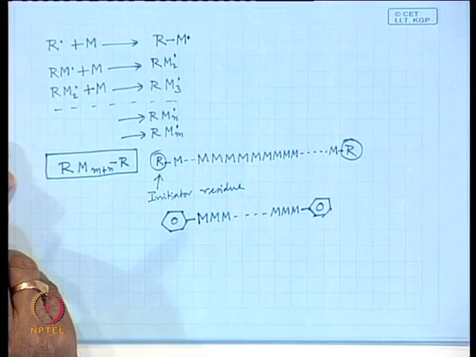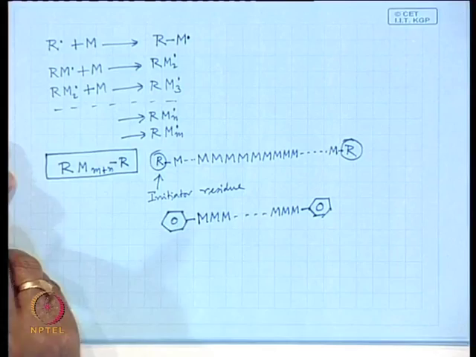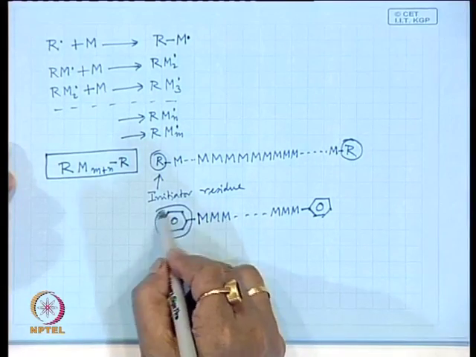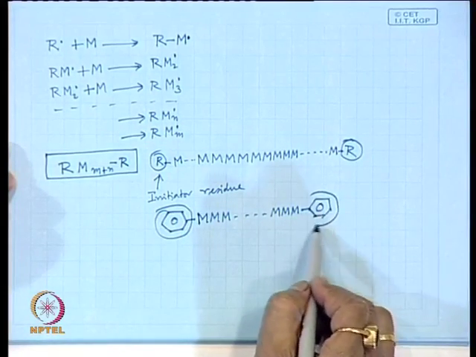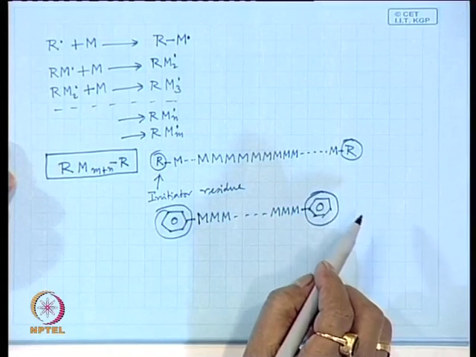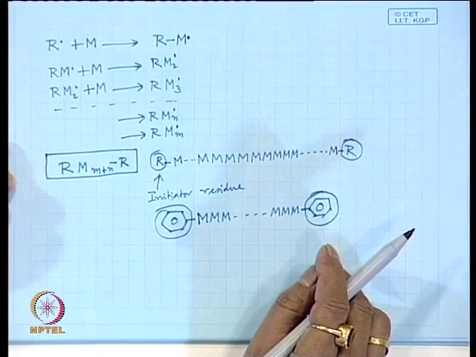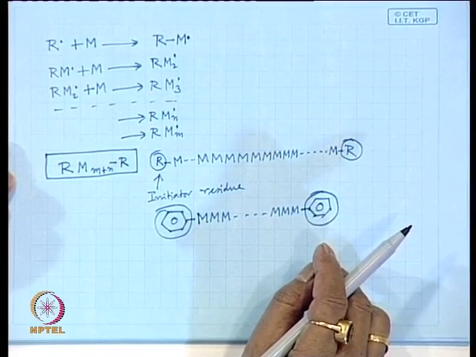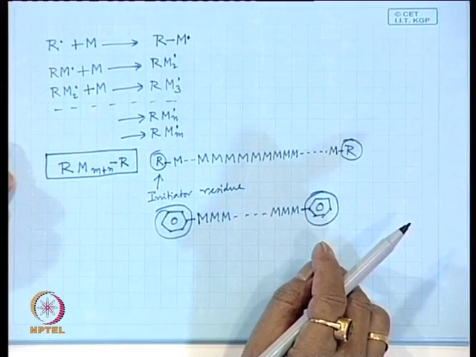But if it is done by photochemical initiation, this initiator residue will not be there. Of course, this can be advantageous in one way, in order to study the course of polymerization.